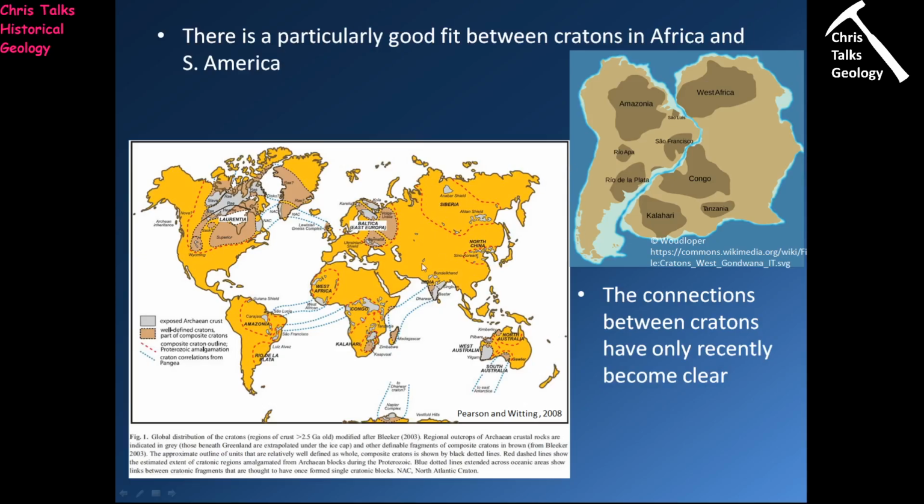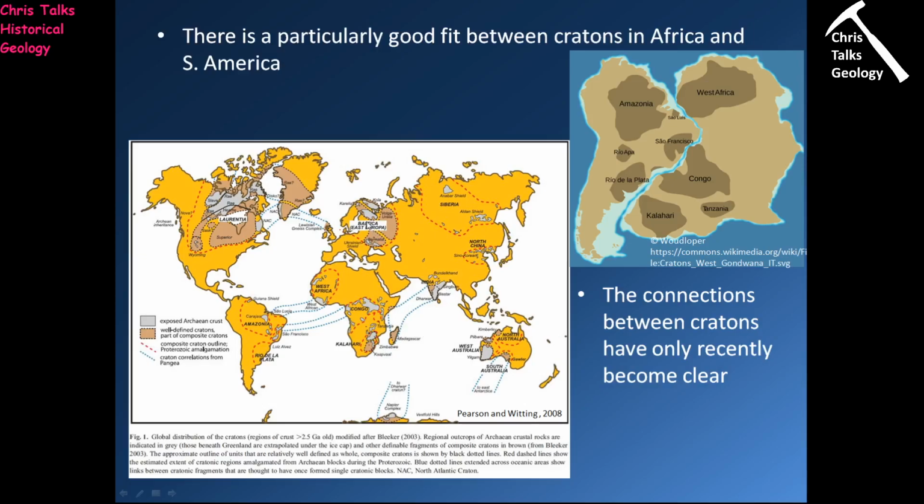Now, if we look at these cratons, what can we see? Well, as we've just shown here, we can see that these pieces of cratonic crust for South America were once joined to Africa. We can see that Australia was once joined to Antarctica. We can see that Madagascar, India, and maybe even some portions of Antarctica were all once joined together.